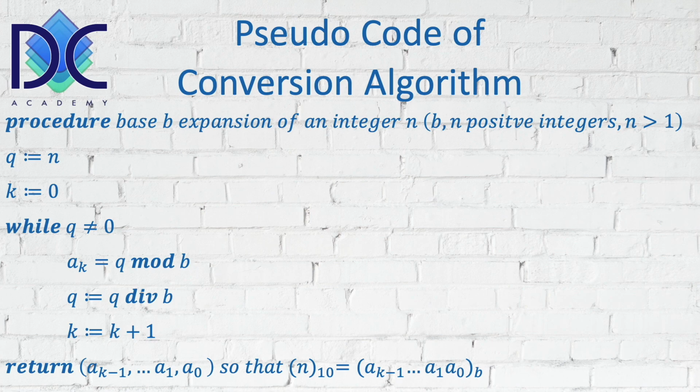So basically the output of this algorithm would be a binary code when we have b equal to 2, it would be an octal code if b is equal to 8, and it would be a hexadecimal code if b would be equal to 16. So that's the way we can use the algorithm to calculate this.